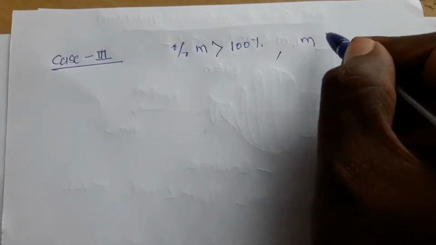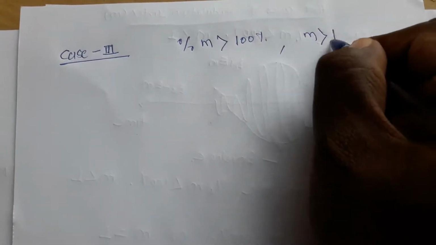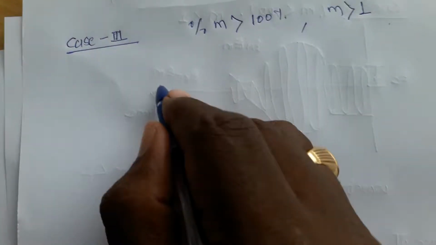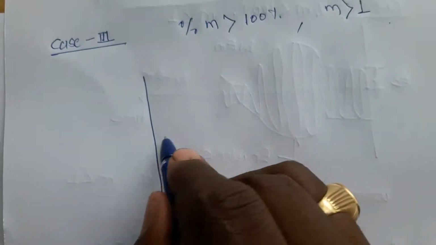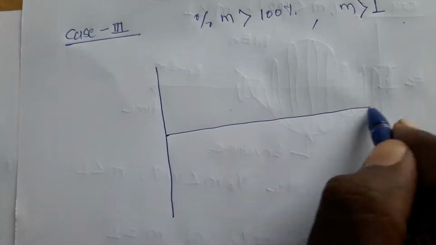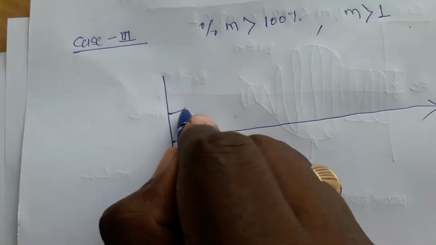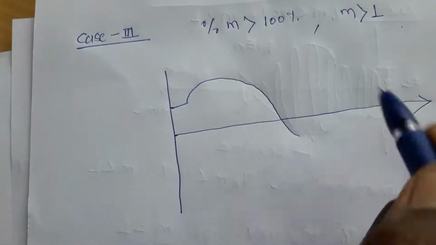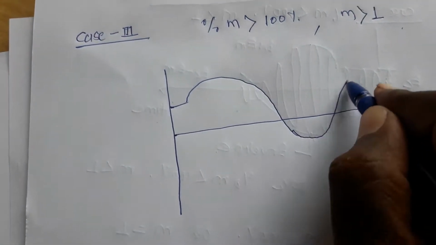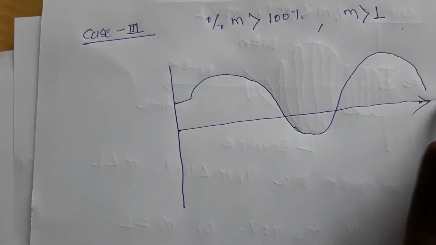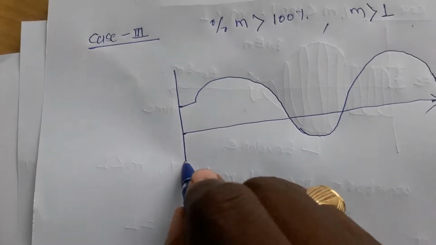It means that the value of m is greater than 1. At that time, as per the previous discussion, we observe that there is always an over modulation case. So we observe waveforms this way.